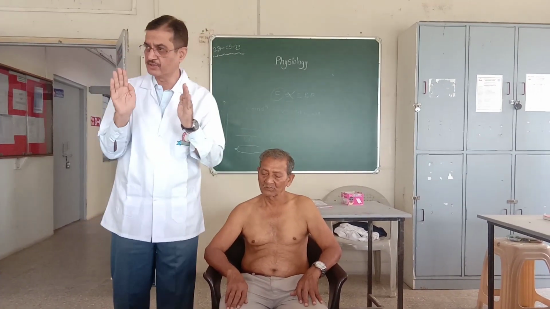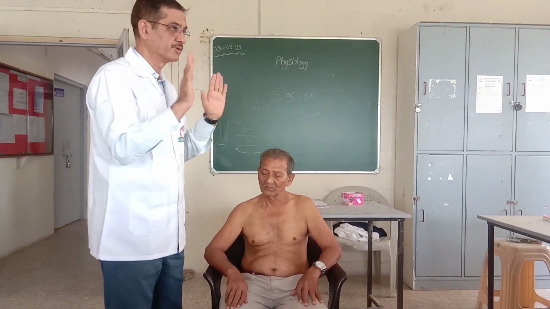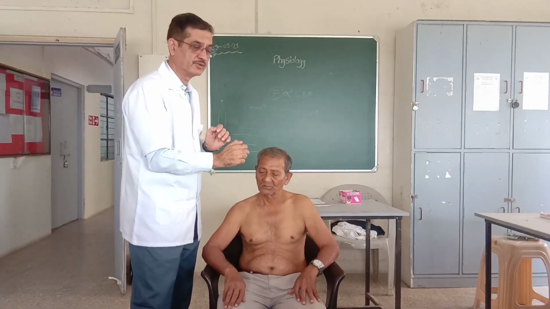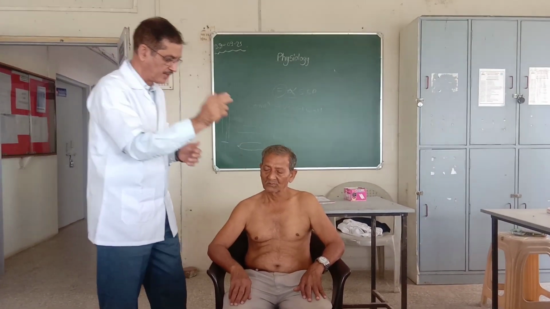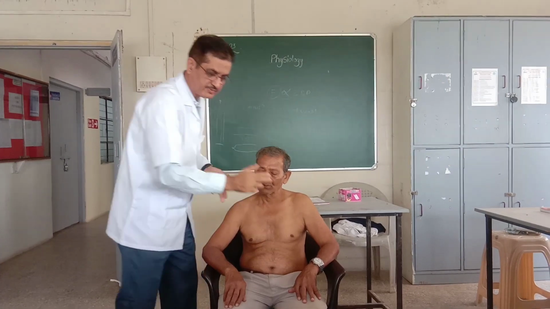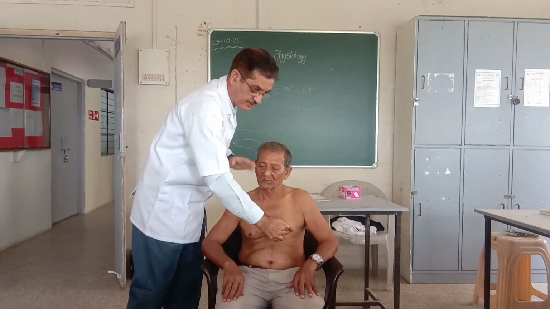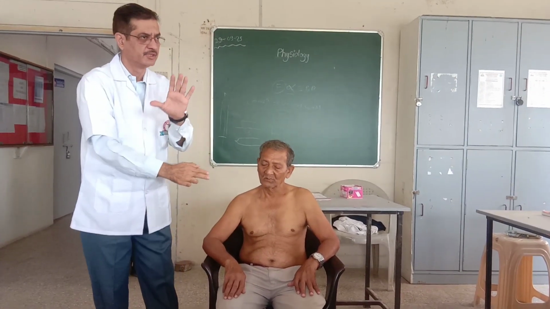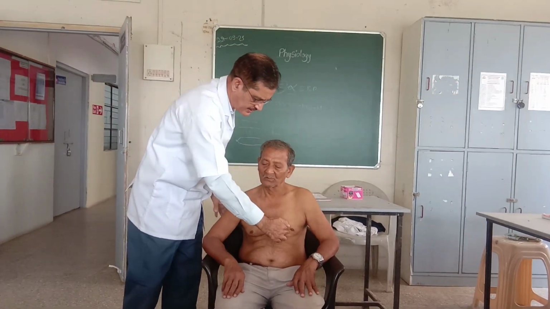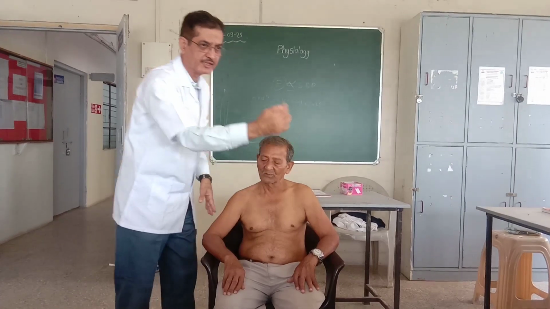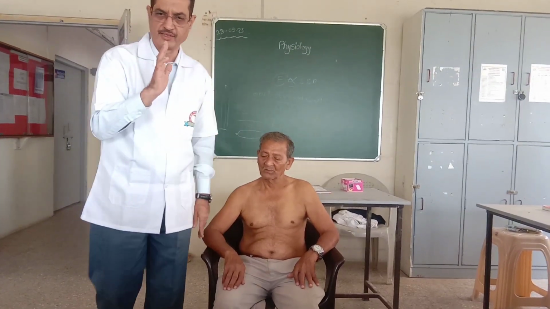Are you getting it or not? Simple. You have to confirm whether it is at the normal position or not. So, palpation of the apex beat is like this. We have seen the position of the apex beat. A normal subject will be given to you, so normally the position is 1.2 centimeter inside the mid-clavicular line.